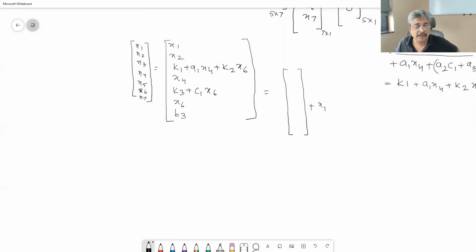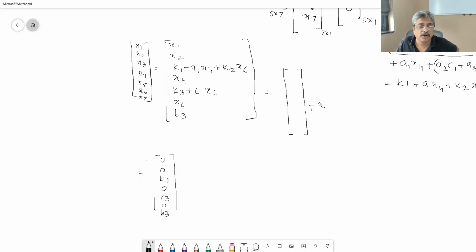x1, x2, x3, and so on, is equal to a constant vector. In the first equation there is no constant, 0, 0, k1 constant there, 0, third k3, 0, b3.